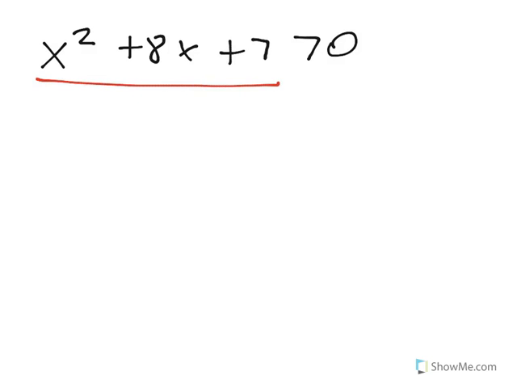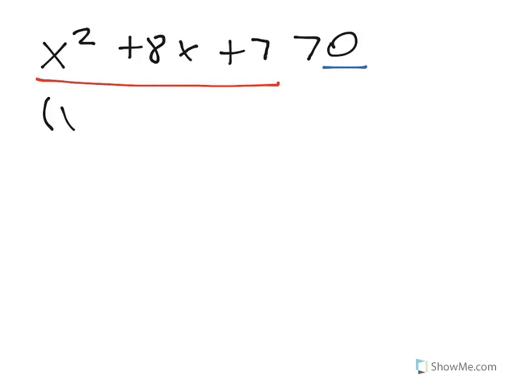Okay, for our next example, we're going to do x squared plus 8x plus 7 is greater than 0. So here again, you have your quadratic polynomial and your 0. So what you need to do now is factor it out.